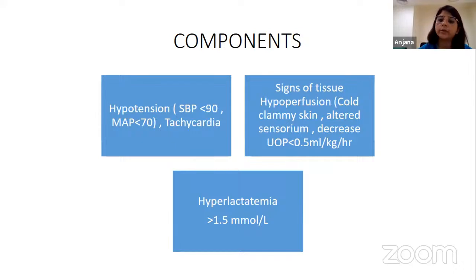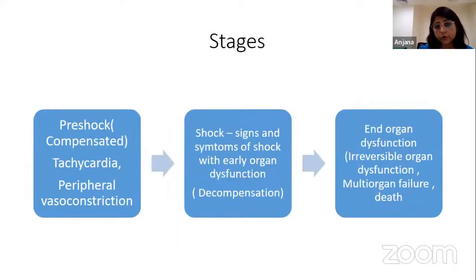Then when you examine the patient, you will see the signs of tissue hypoperfusion, which indicates that your end organs are affected. The patient will be in altered sensorium, cold, clammy, your urine output will be less than 0.5 ml per kg per hour, and of course the lactates will be high. This is the common thing which we see: the hypotension, signs of hypoperfusion, and the lactates which will go on rising. So these are the components of shock.